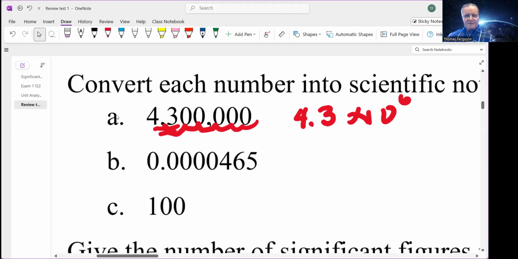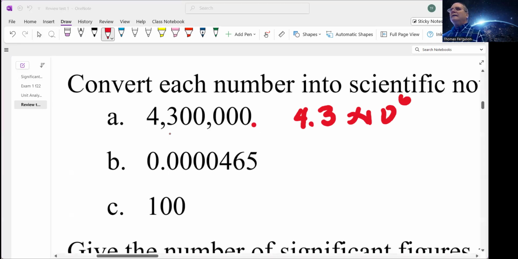What are the sig figs for this number? 2. Right. If there was a decimal point there, how many would it be? That would be 7. Yeah, because you have to count all the zeros, the trailing zeros, and there is a decimal point there.